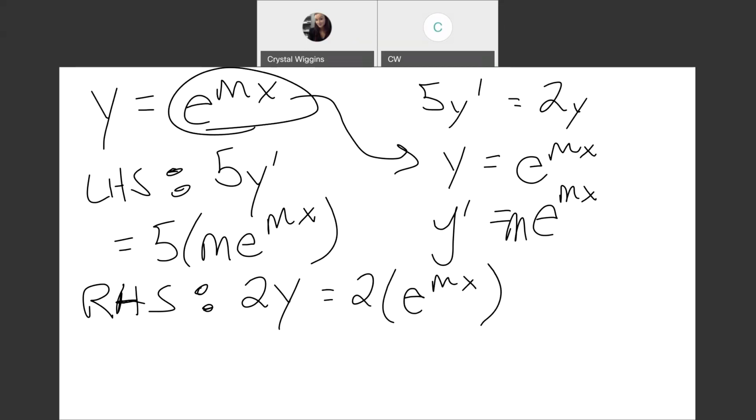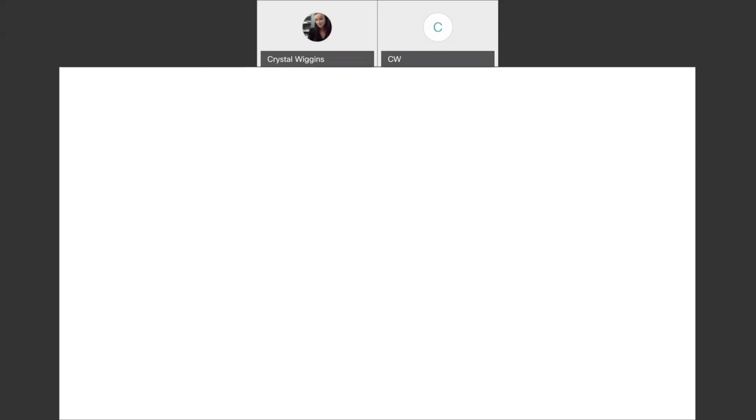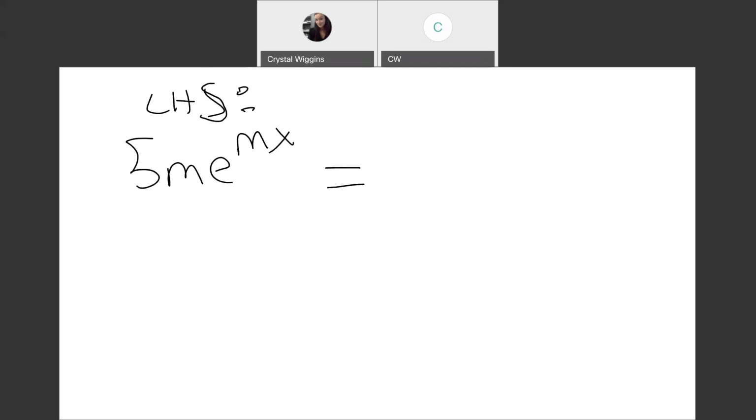How do we make them the same? Well, we have to find m that satisfies both these sides. That's the whole point. We need to now make the left-hand side exactly equal to the right-hand side. So let's set them equal. Our left-hand side came out to be 5me to the mx, and we want to set that equal to the right-hand side that we discovered was 2e to the mx.